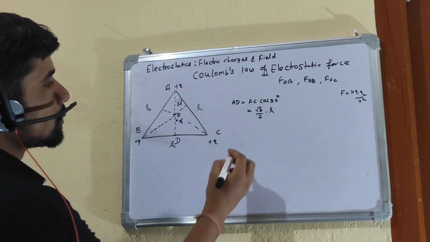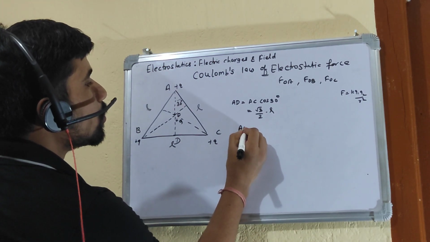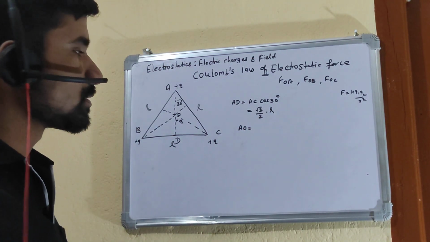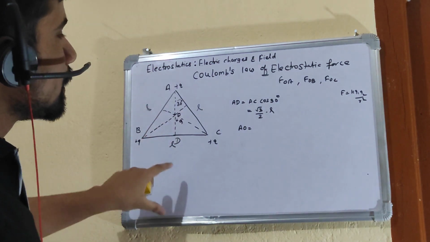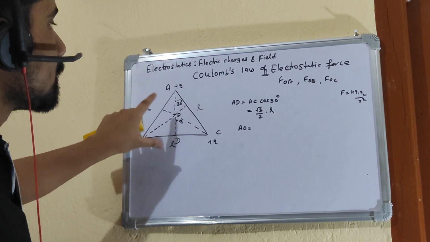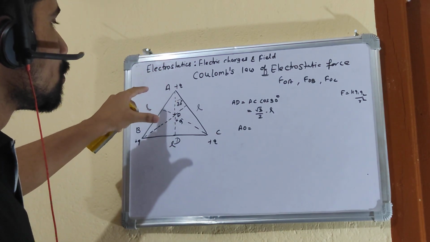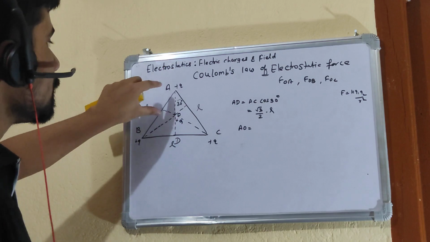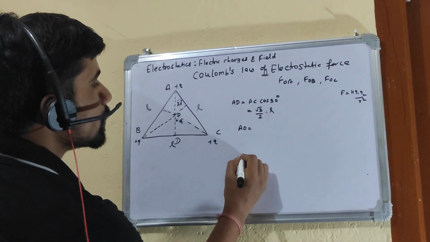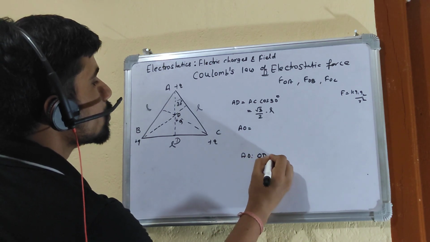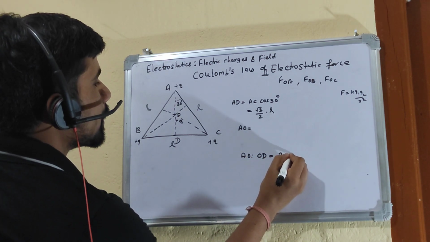Now what will be AO? The centroid divides this altitude in the ratio of 2 is to 1. So AO to OD is 2 is to 1.